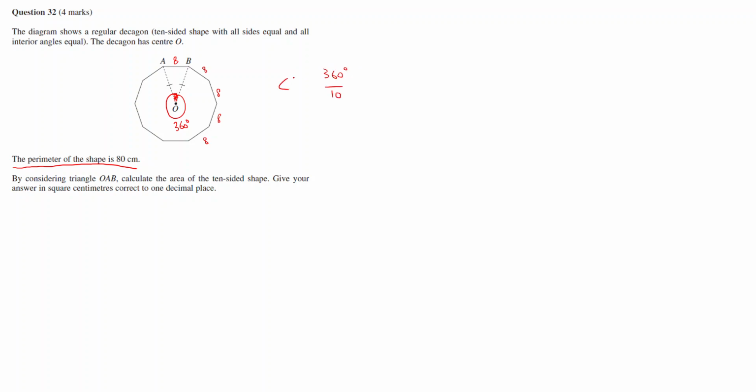So angle AOB will be equal to 36 degrees. Now I know two things: I know that AB is equal to 8, and I know this angle as well. That's a good start.